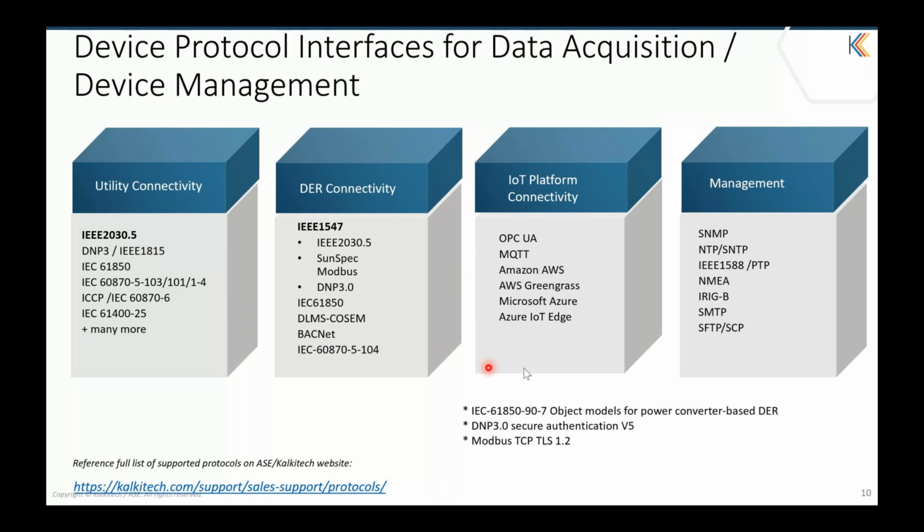And it also has a northbound protocol to integrate data with external applications. As we saw in the previous slide, the aggregator can also be used to integrate with market applications or any other operation and maintenance applications, in addition to the utility interconnection. So if you want to do O&M of these assets, you can exchange data with IoT platforms like Amazon or Microsoft Azure on the native connectors provided by AWS or Azure.